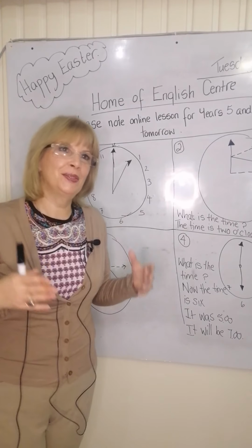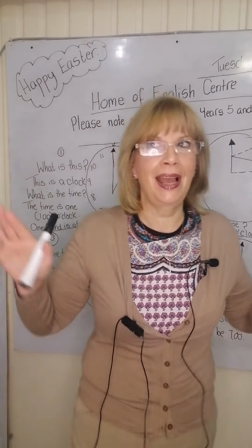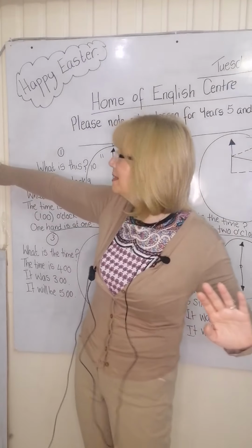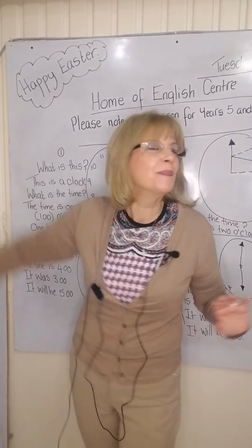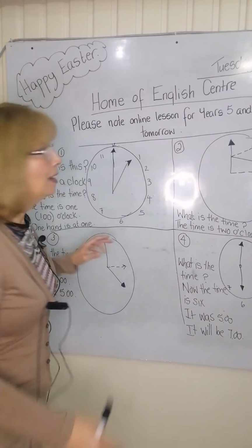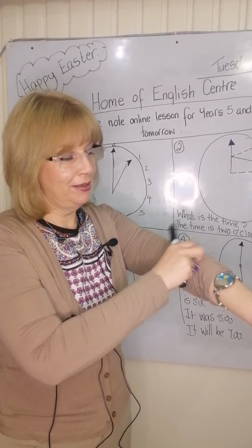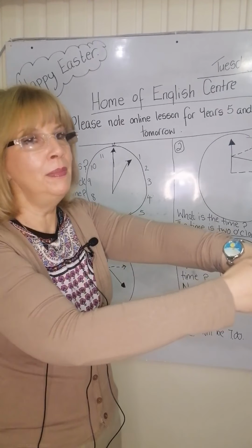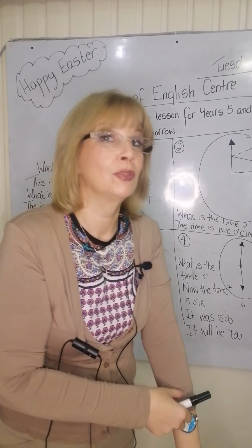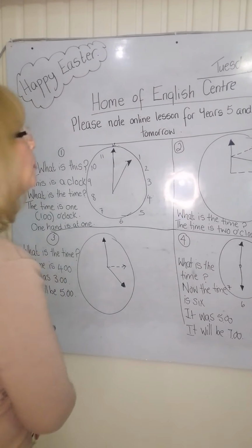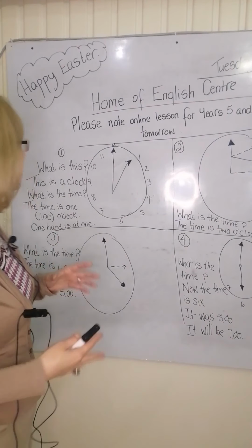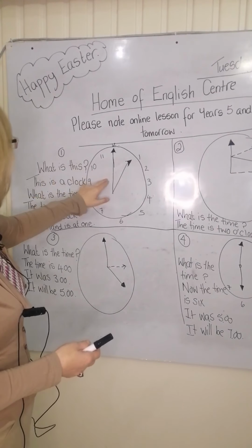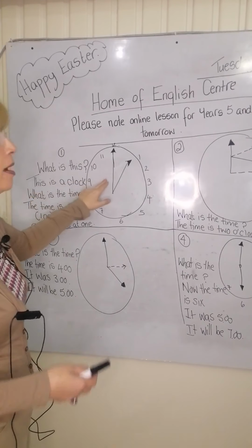Think back to where we were talking about houses, walls. This is the wall. The one that I'm wearing on my wrist here, on my arm, is a watch. But both tell the time. So what is this? This is a clock.